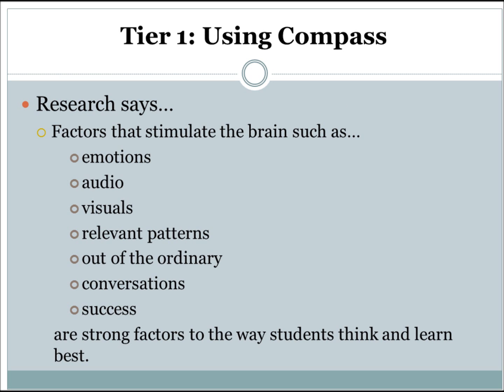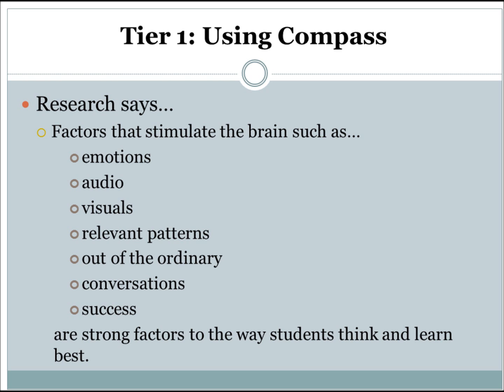In research with Tier 1 using the Compass program, we look at all the factors that stimulate your brain. With this brain-based teaching, we look at emotions, anything audio that you can hear, visuals, relevant patterns, anything out of the ordinary, conversations, and having immediate success with feedback.